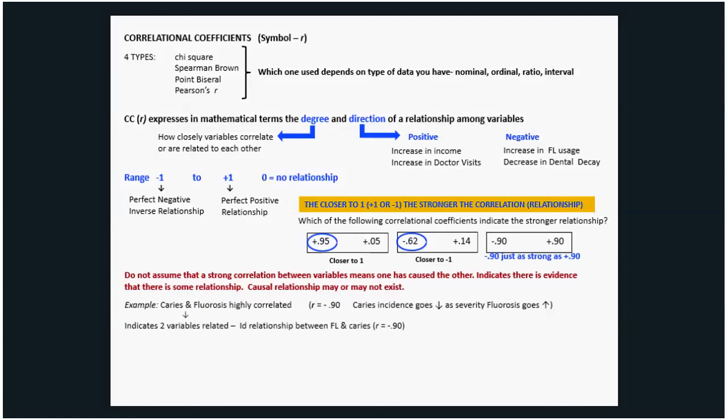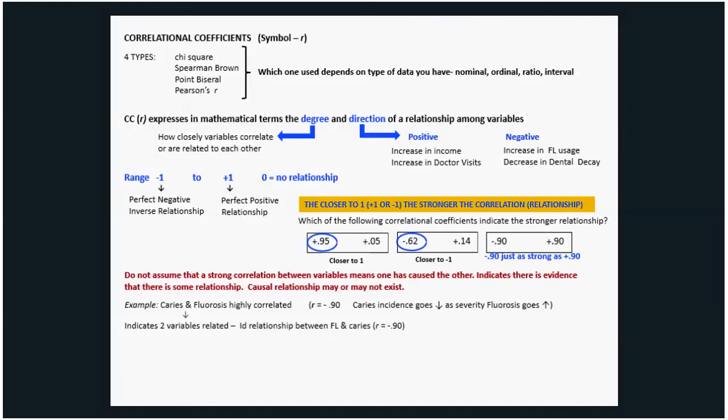So an example would be caries and fluorosis. They're highly correlated. When we talk about a correlational coefficient for caries and fluorosis, you come up with maybe a negative 0.9. Now, that 0.9 is really close to a perfect negative 1.